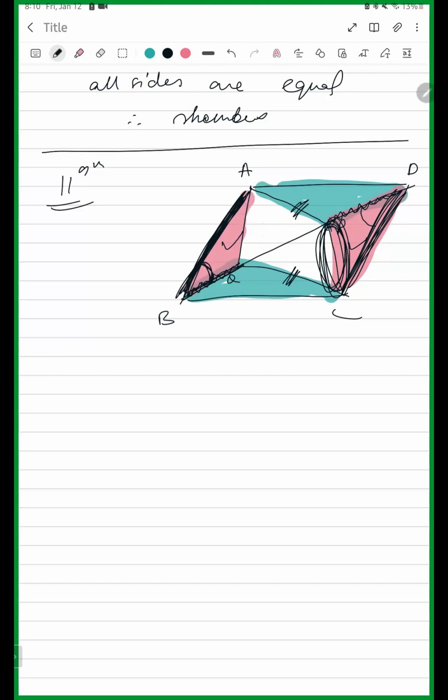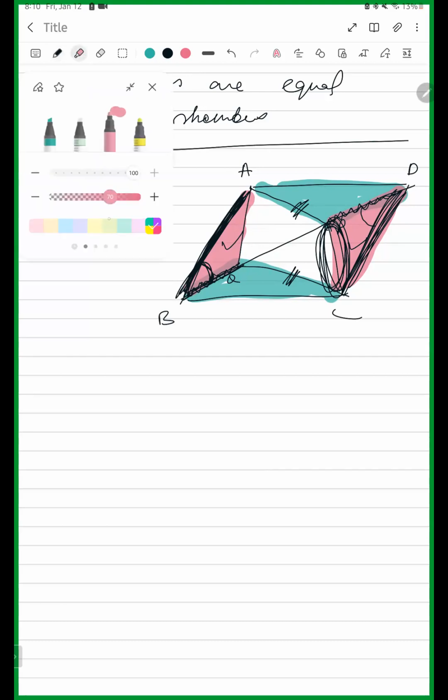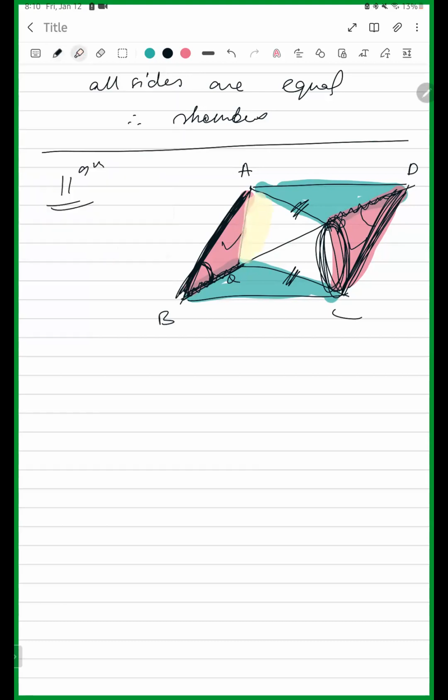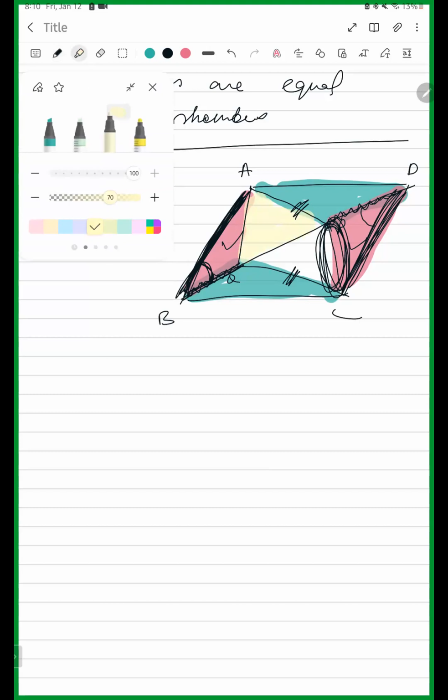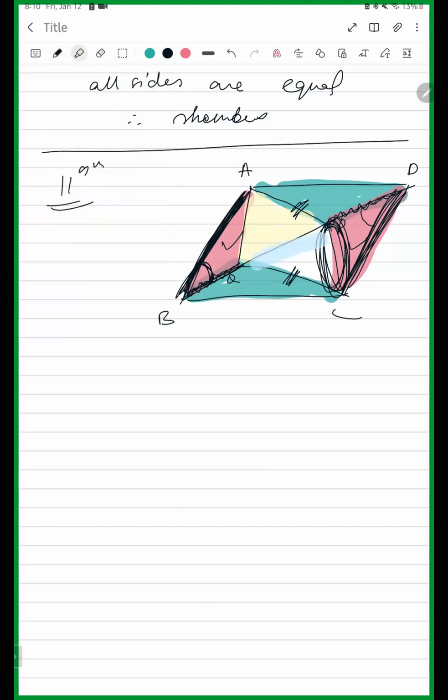If you take this one, APCQ, wait a minute. We have to show it's a parallelogram. So these two are congruent, but oh yeah, okay. So you can take these two triangles. In these two triangles, this yellow one and the blue one.